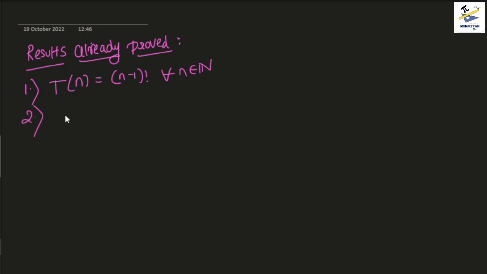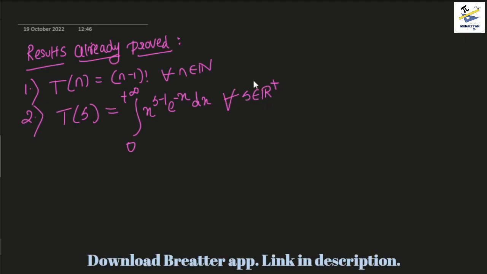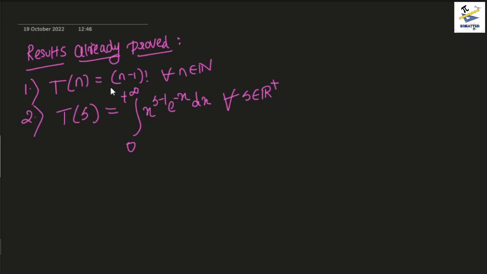Number 2: gamma of s is equal to the integral from 0 to positive infinity of x to the power s minus 1 times e to the power minus x dx, and this is true for all positive real numbers.